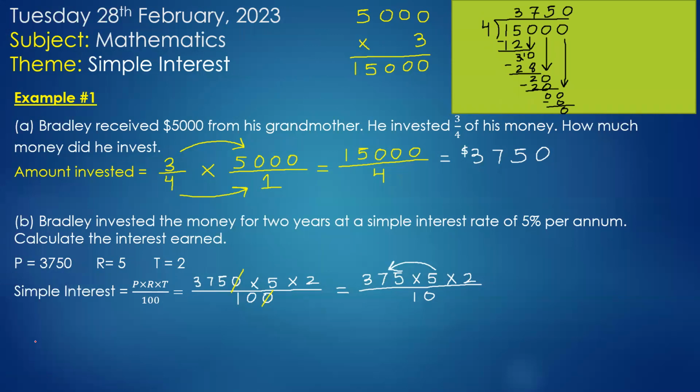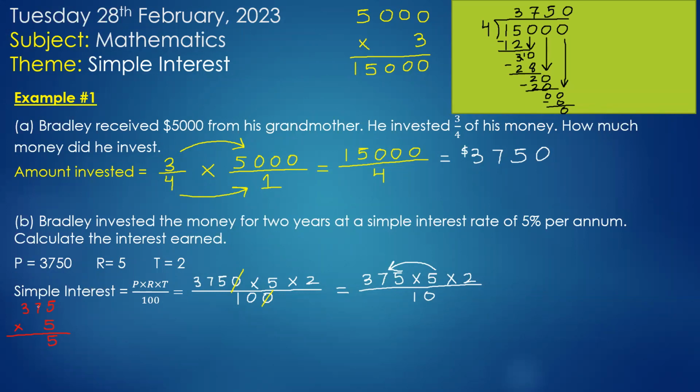375 multiplied by 5. You have to show your multiplication, okay? 375 multiplied by 5. It's going to be what? 5 times 5 is 25.